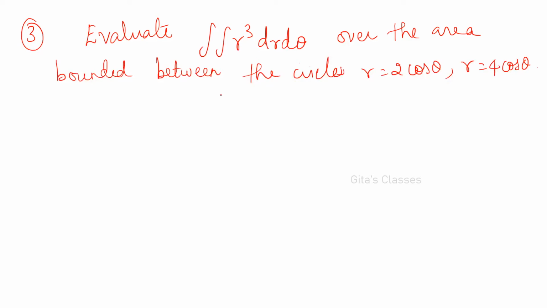So the region of integration you have to find out. We know r is equal to 2 cos theta is one circle and r is equal to 4 cos theta is another circle. These are all standard curves you should know. So this is one circle and this is another circle.